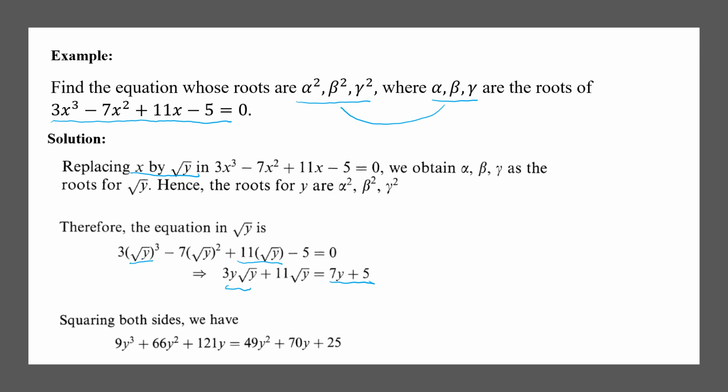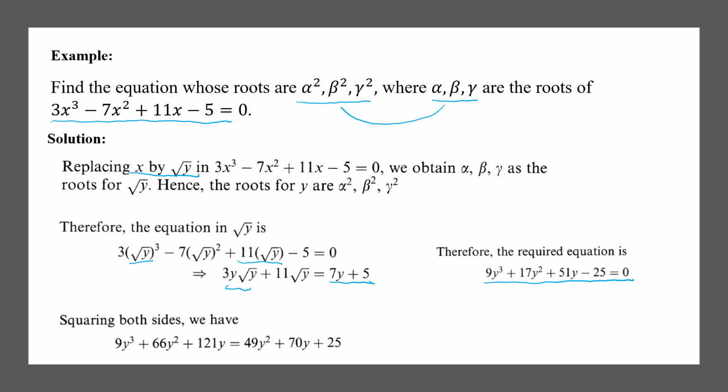Now we will square on both sides. When you square and expand, you get 3 terms on the left, 3 terms on the right. If you move all the terms on the right to the left and simplify, you will get the required equation, which is 9y cubed plus 17y squared plus 51y minus 25 is equal to 0.